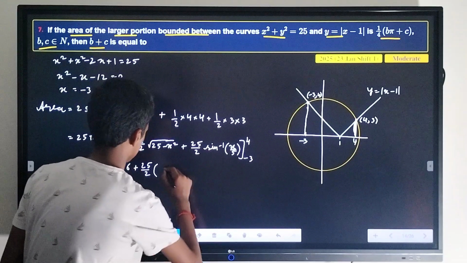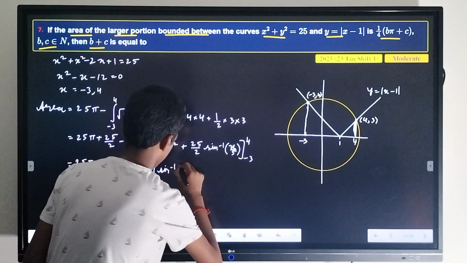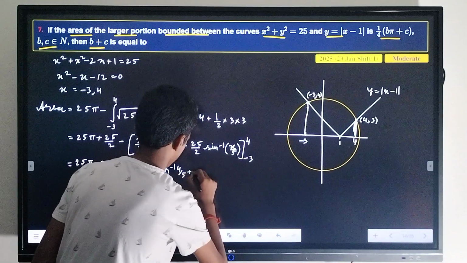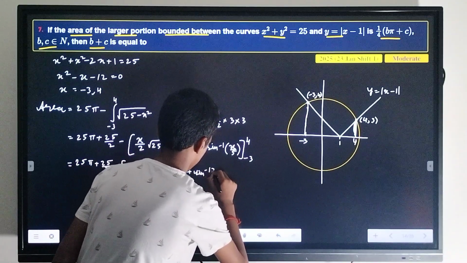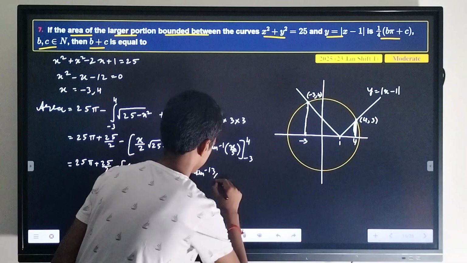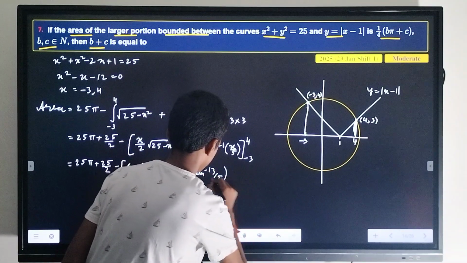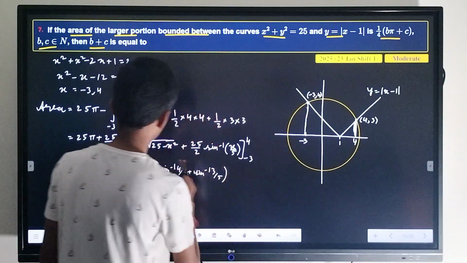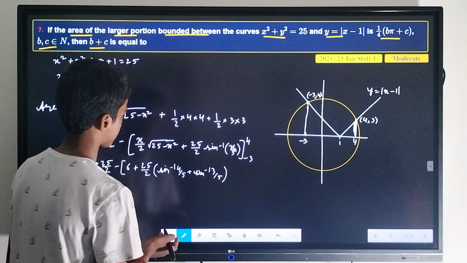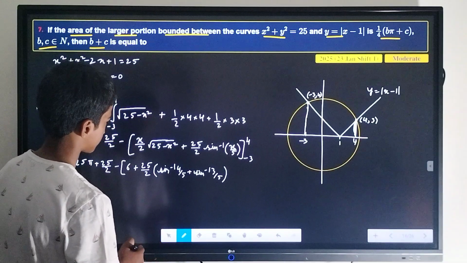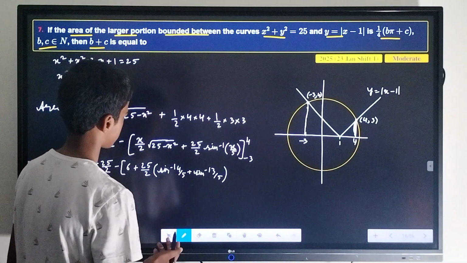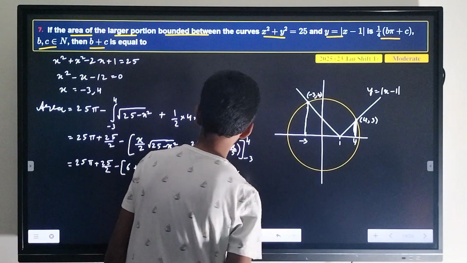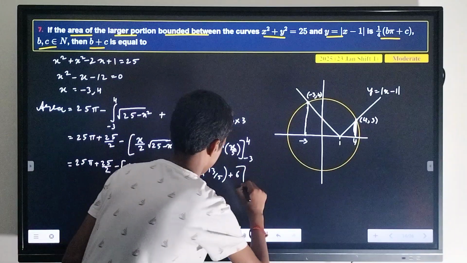In the addition we will get sine inverse 4 by 5 plus sine inverse 3 by 5. And when we put minus 3, 25 minus 9, 16, 4, 2 times 3, it will be positive 6. Minus of minus 6, positive 6.